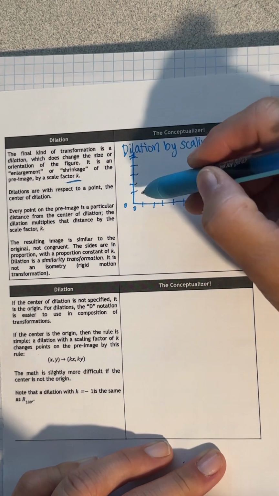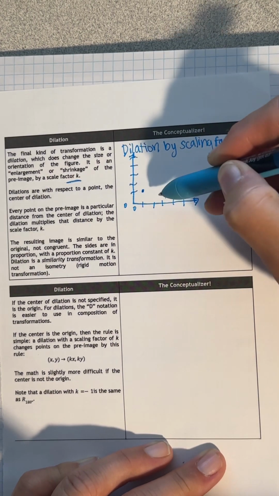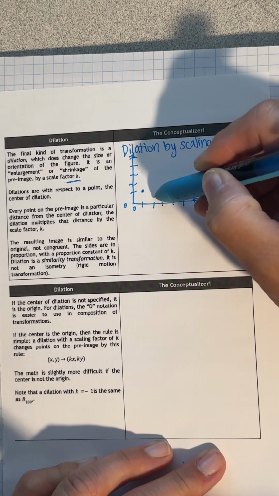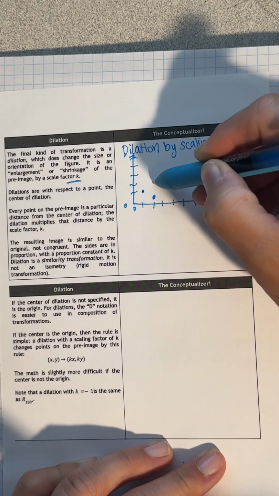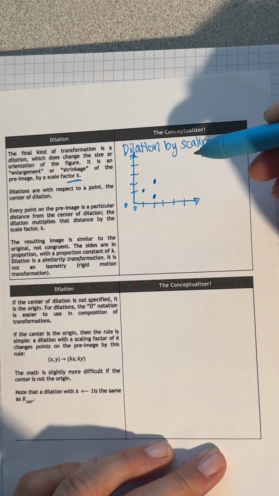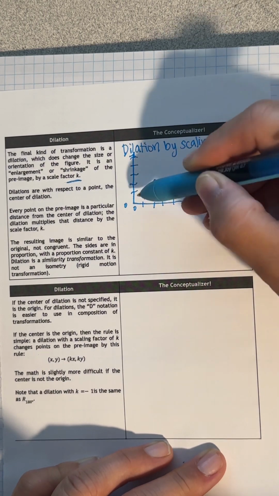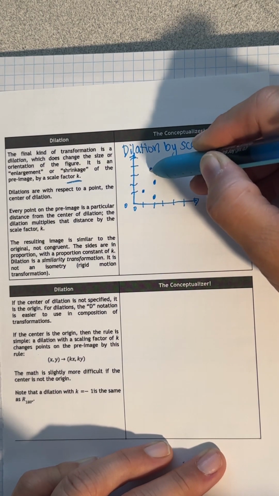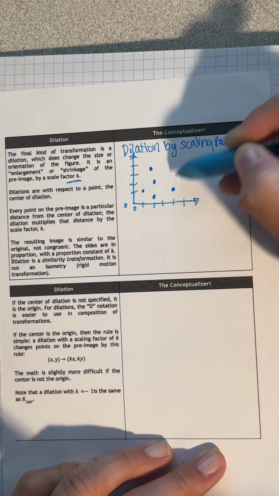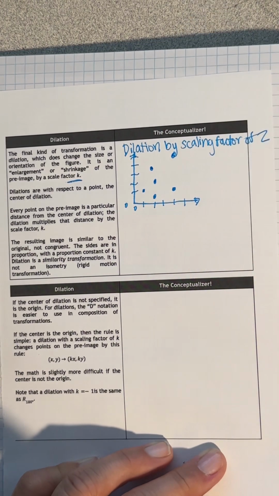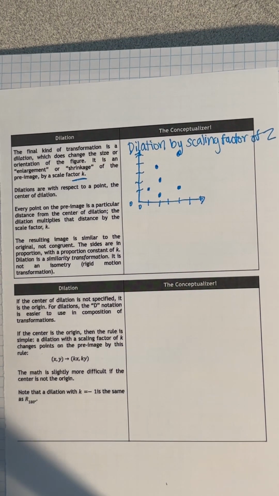So my original triangle may look something like this, okay? And then if it has a scale factor of 2, then that means we are enlarging it by 2. And it's gonna look something like that, all right?